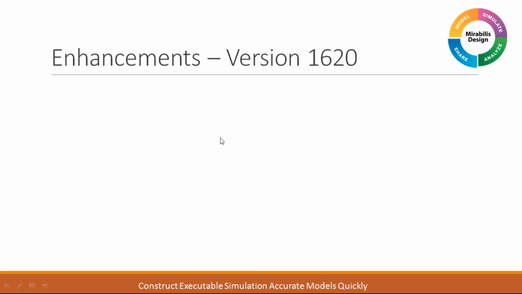So with that little bit of introduction to VisualSim Architect and what we have done, or how an architectural level exploration tool can be utilized to perform performance analysis and power analysis at the same time, I'm going to now move over to the enhancements that we have done with version 1620.